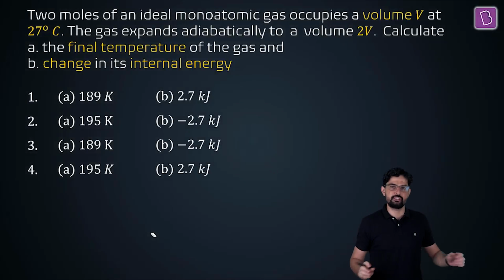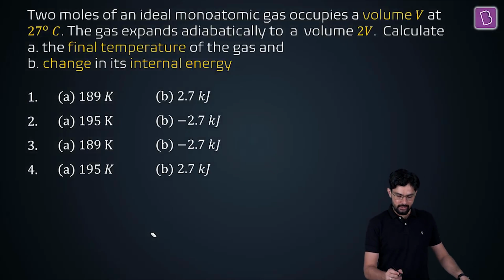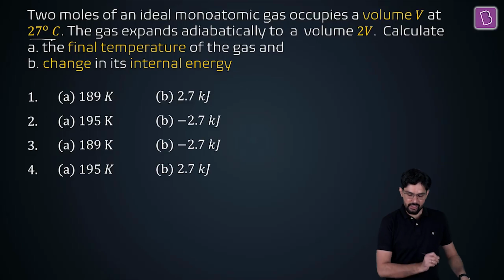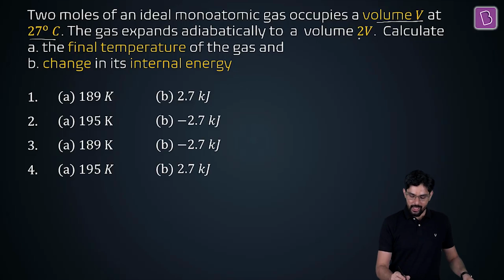We have 2 moles of an ideal monoatomic gas whose initial temperature is 27 degrees Celsius and the initial volume is V. Now the gas expands adiabatically to a volume twice its initial volume, that is 2V.